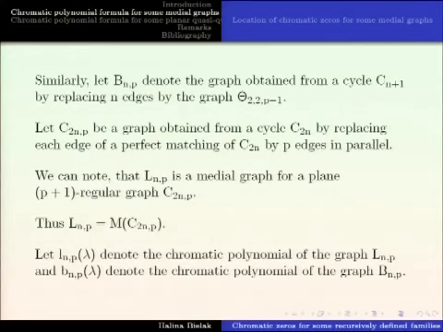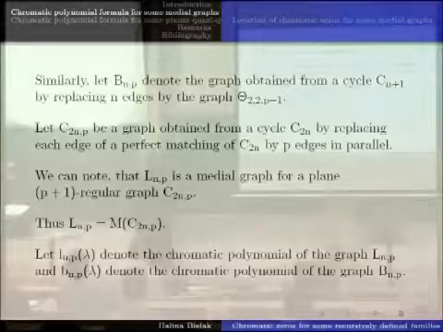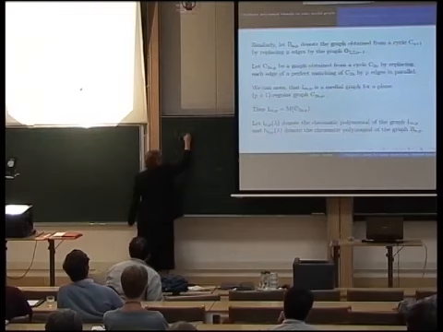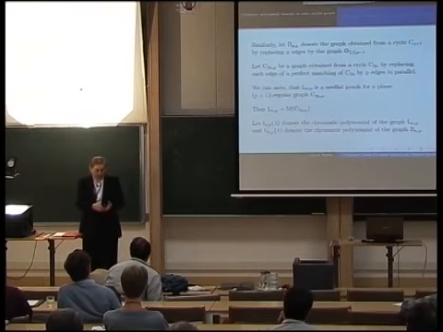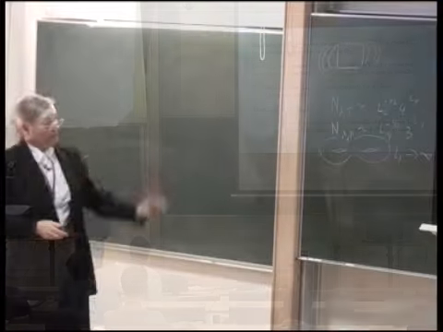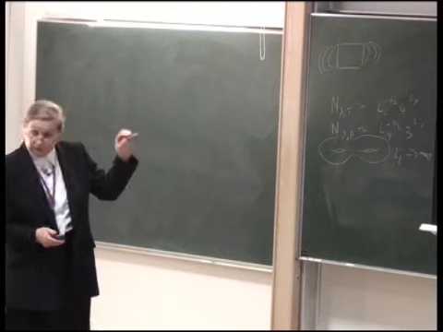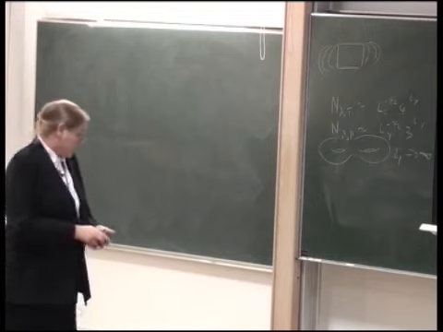So, for example, here we have p edges in parallel. And for such a graph, we take some planar embedding, and for such a graph we build the medial graph.